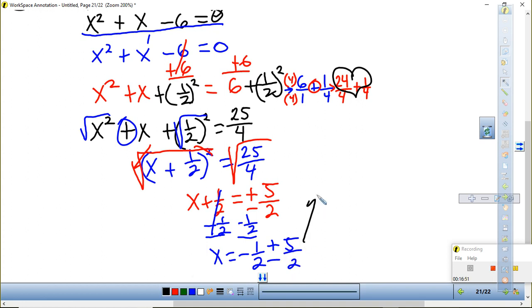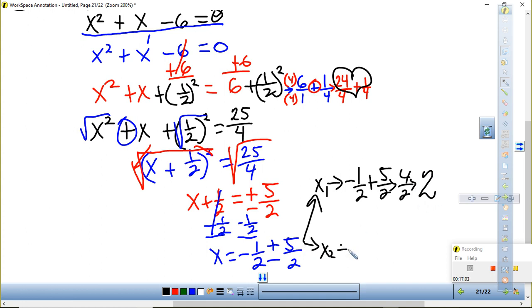And our two equations are x sub 1, negative 1/2 plus 5/2 is 4/2, which is 2, and x sub 2, negative 1/2 minus 5/2, which is negative 6/2, which is negative 3. Those are my solutions.